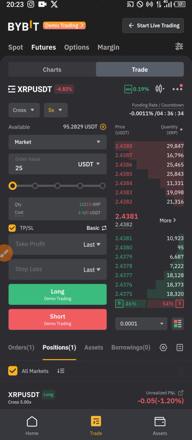How are fees calculated? Let's say you buy $1,000 worth of BTC on Bybit, right? If you are a maker, limit order, this is how you calculate the fee. $1,000 worth of Bitcoin multiplied by minus 0.025% is going to give you minus 0.25.